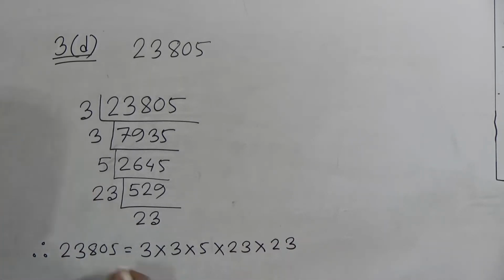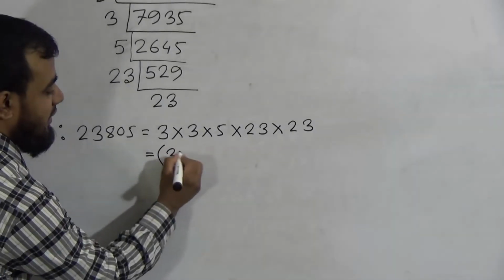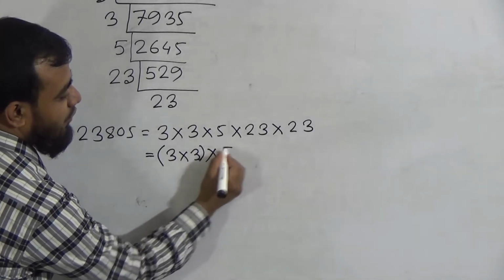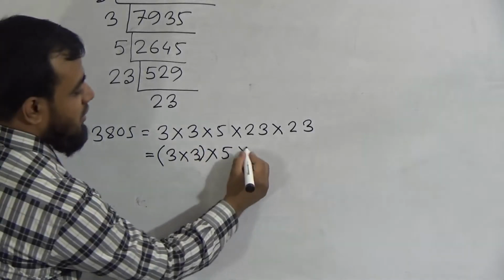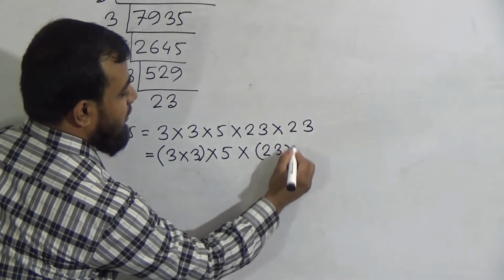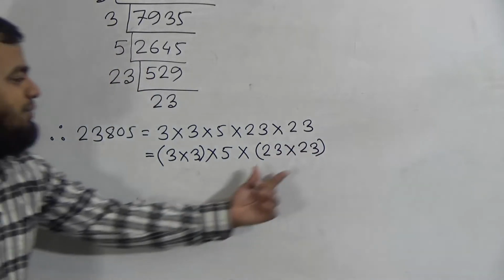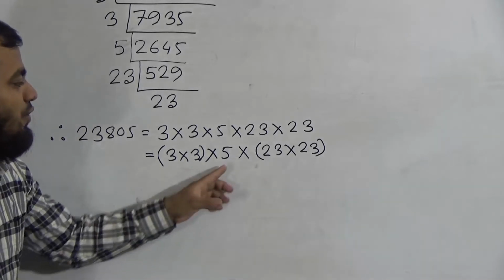So dear students, we wish to make the pairs. 3 can make a pair. This 5 can't make a pair because 5 has only one. Now 23 can make the pair. That means, my dear students, look, 23 has a pair, 3 has a pair. So 5 is a single.